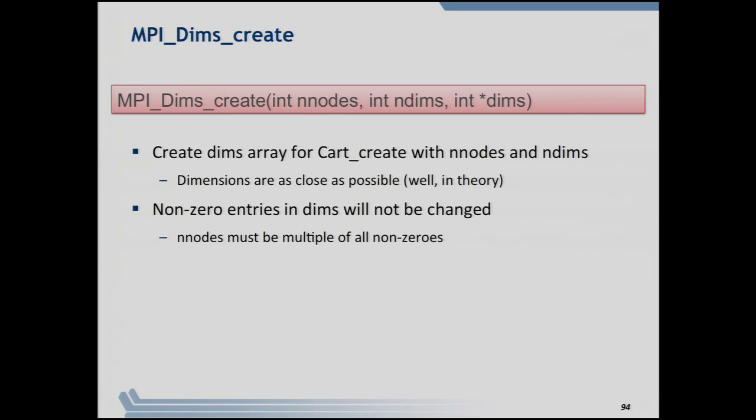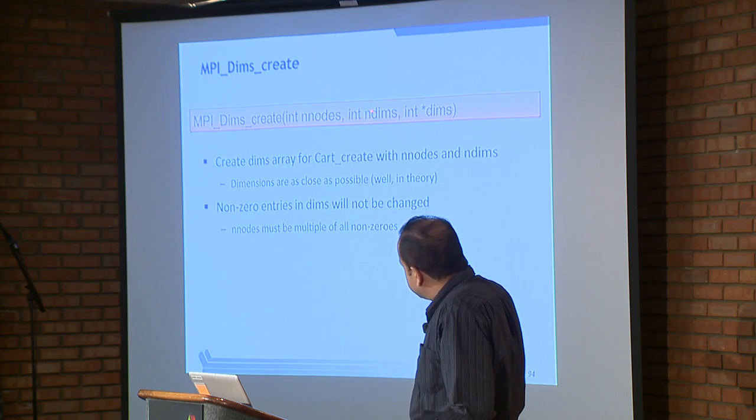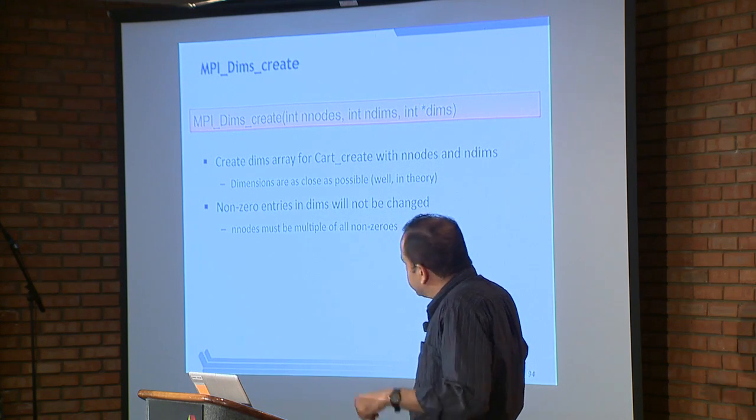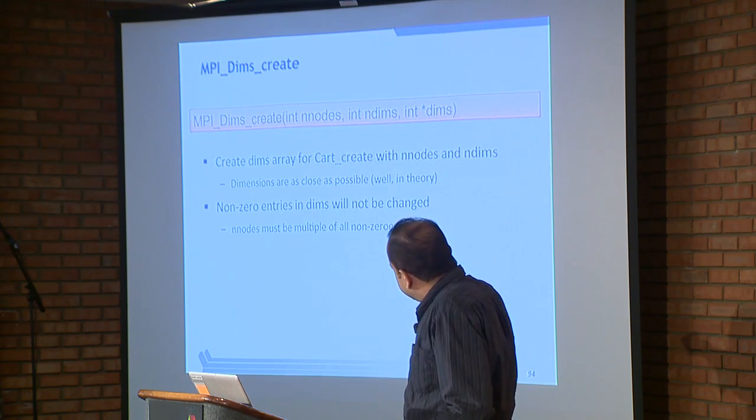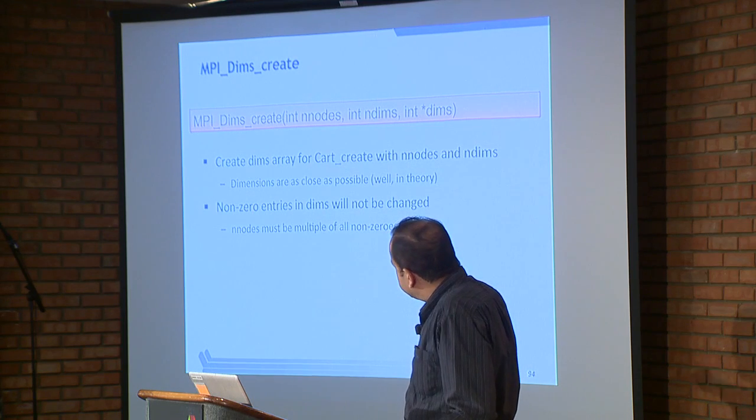You can call this function MPI dims create. You say for so many nodes, so let's say 100 nodes and 2 dimensions, return this array with the suggested decomposition. So MPI would fill this dims array with 10 and 10 typically, because it will try to do a balanced decomposition.